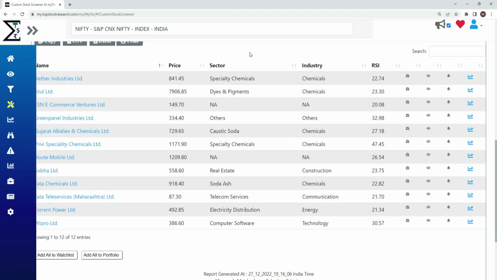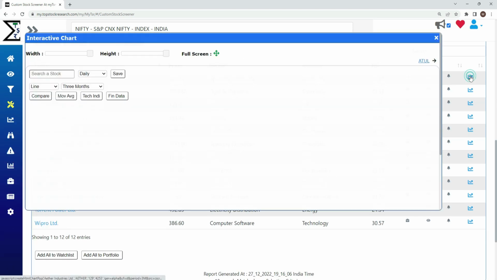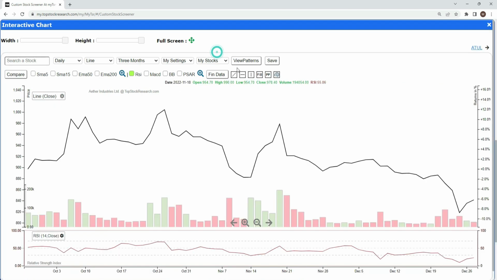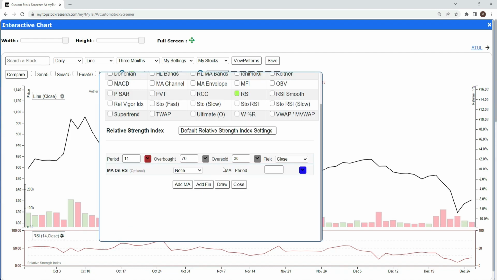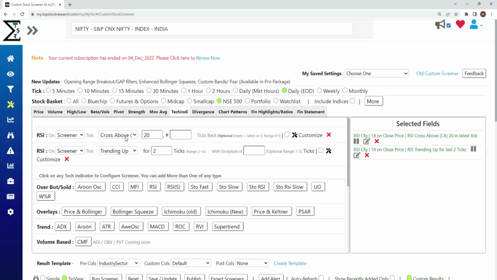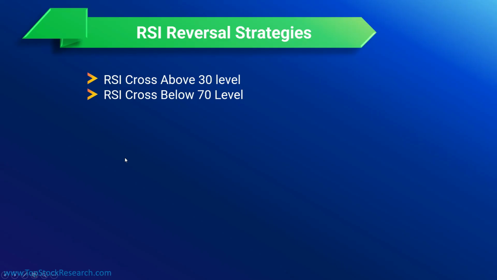Then you will see that any stock which is crossing above the 20 line on RSI is what you'll be getting there, right? So it's crossing above 20 as well as at least rising for 2 consecutive days, the 2 conditions that we set here, right? One is the exact RSI value and second is the trending value. Okay, great. So this was the second strategy, very powerful strategy.